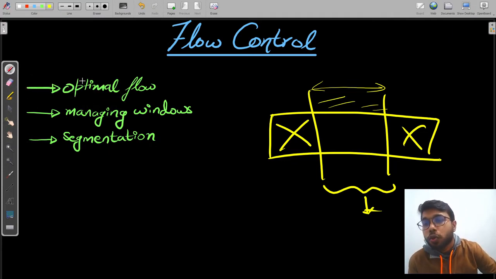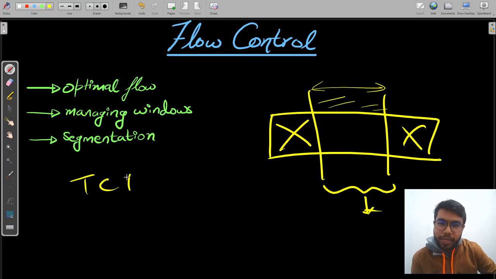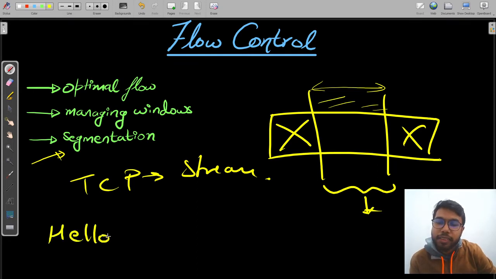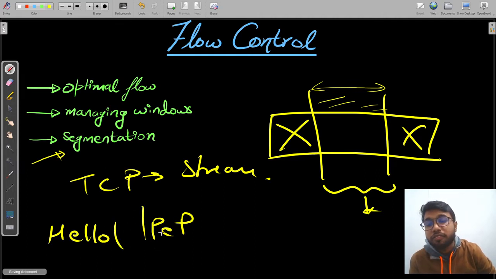So you also will be segmenting data. We said that TCP is stream oriented, and that it segments stuff in a manner to optimize its flow. So let's say I am sending some messages. It will not care about the fact that these are two different messages. What it is going to care about is that these are both going to the same receiver, so they don't need to be in two different packets.